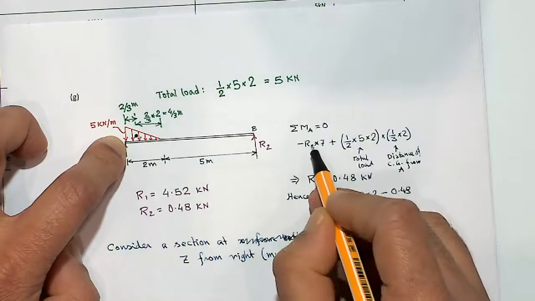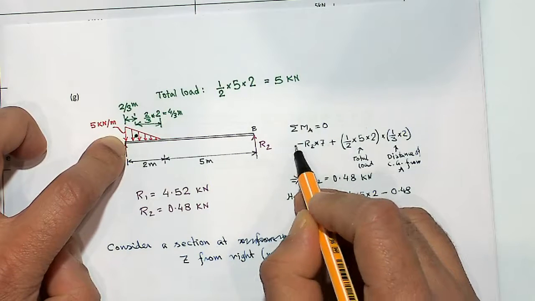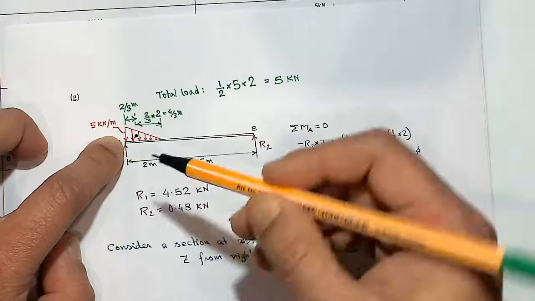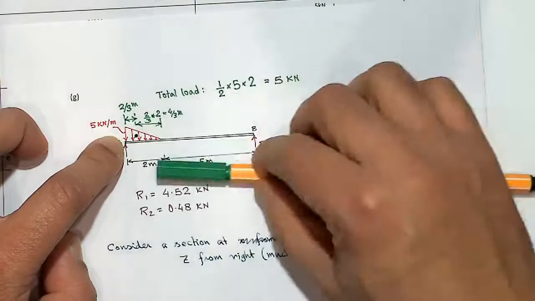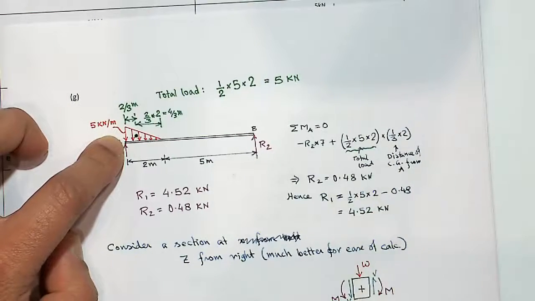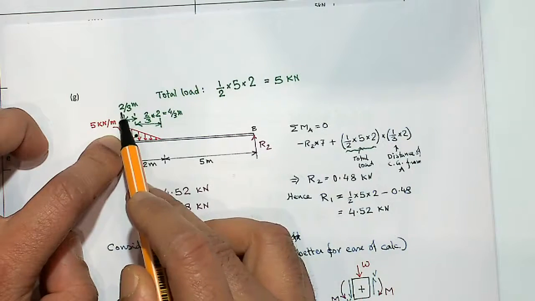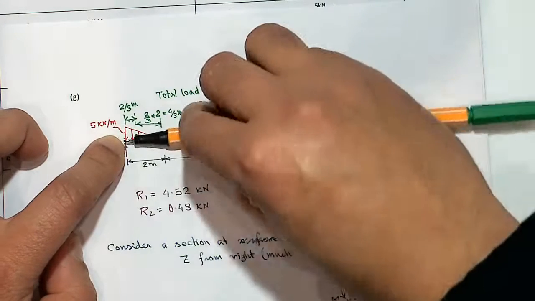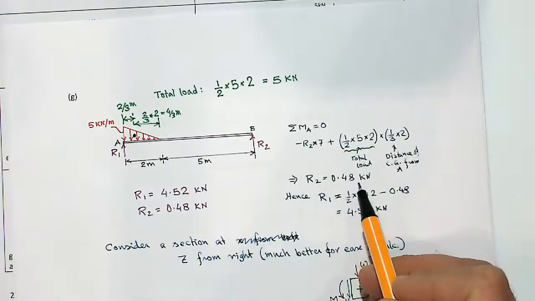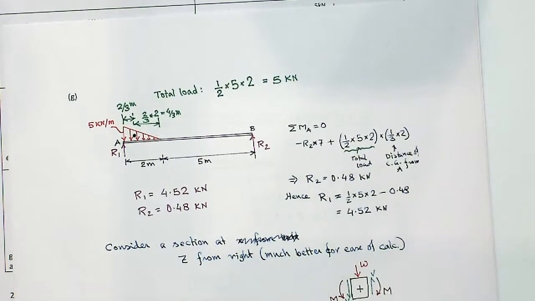So that's R2 times 7 with a minus sign, because that's going anti-clockwise. And then the load due to this triangular one, the total load, is 5 kilonewton, acting at 2/3 meter. It is acting in a clockwise direction, so that's positive. That will give me R2 is 0.48 kilonewton.